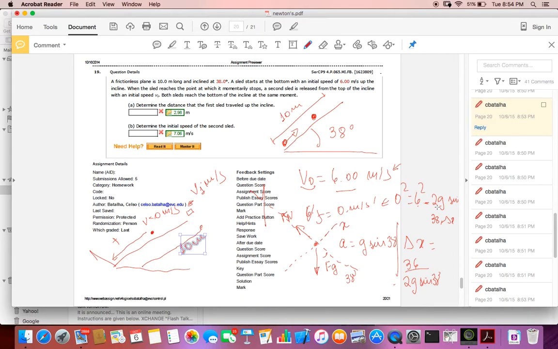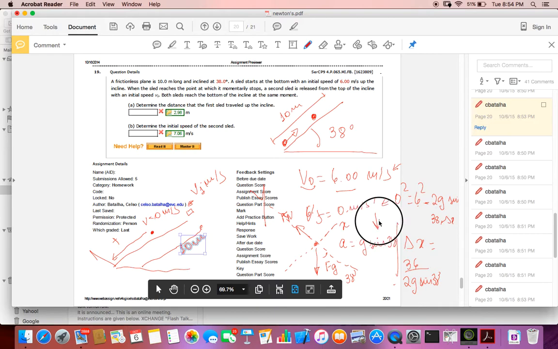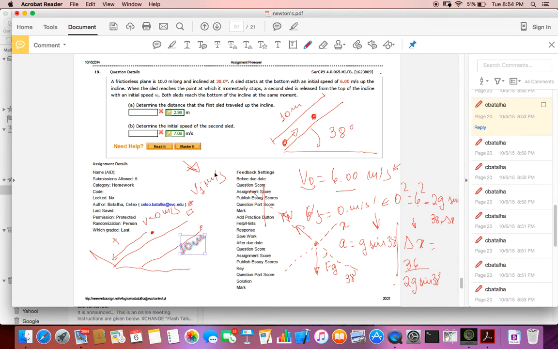You know the acceleration, you calculate del x, and then you can find the time it took this sled to go all the way up, which is the same time it took to go all the way down, which is the same time that it took the second sled to go down.